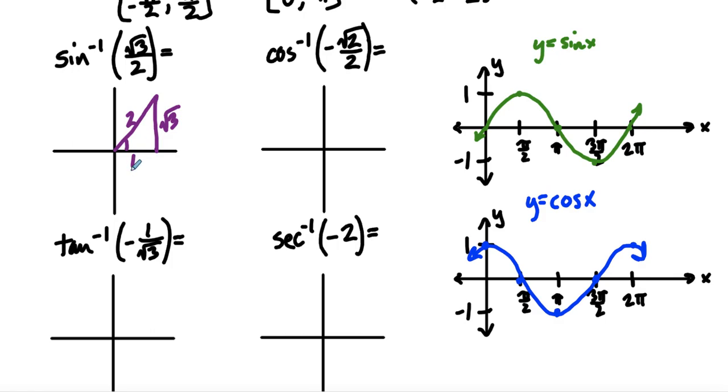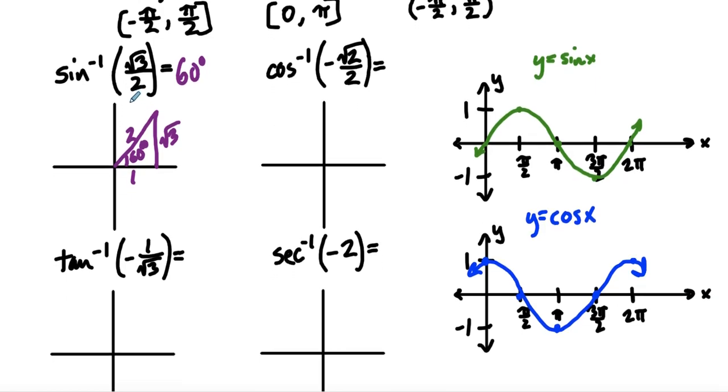This is 2, and then this would be 1. So my first angle here is 60 degrees. Now when it's in the first quadrant, you're fine because that is right within our range. Really, we're looking for a range with sine from -90 down here to 90 up here. All right, so we're done with the first one.